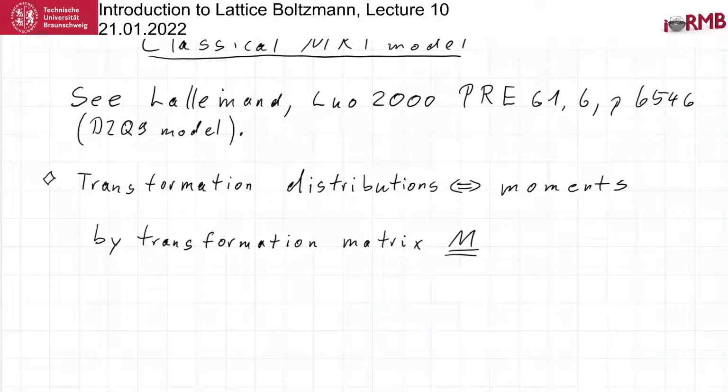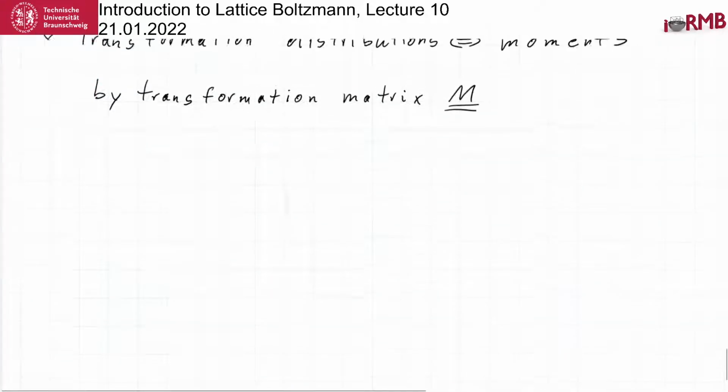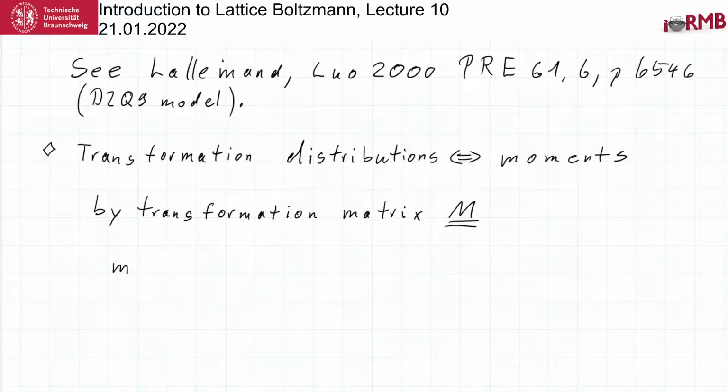So I write this matrix with these two underbars, and we write the transformation like this. So we have a vector of moments, which I now write with a small m because the large M is already given for the matrix. So this moment vector is equal to the matrix times the distribution vector.